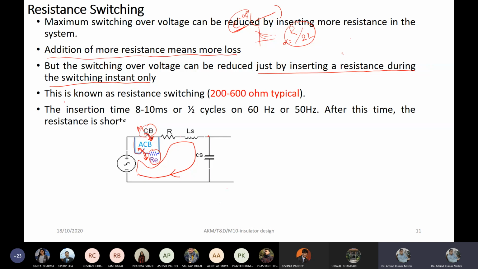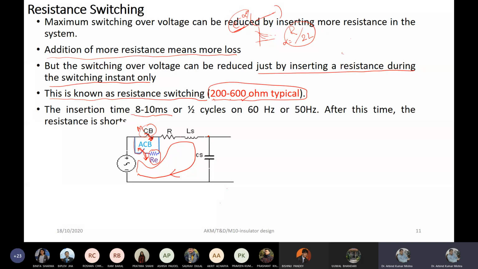This effect is known as resistance switching. Usually for a transmission line, depending on its other parameter values and how much the switching over voltage needs to be reduced, the typical value of the external resistance required here is in the range of 200 to 600 ohm, and it's inserted for around 8 to 10 milliseconds.